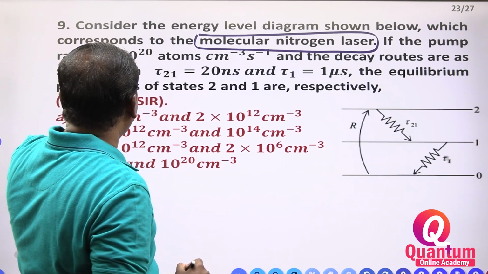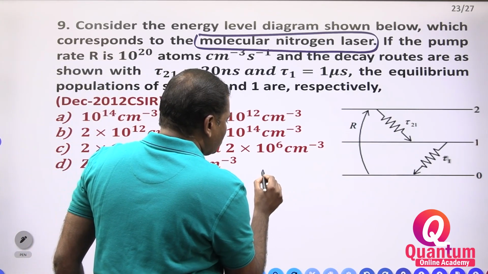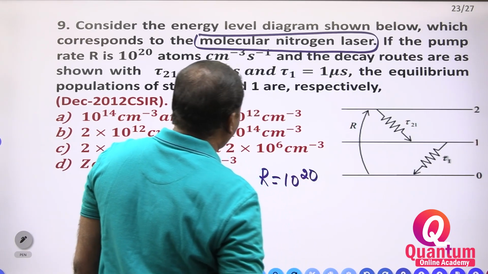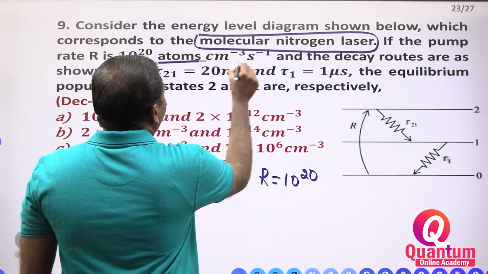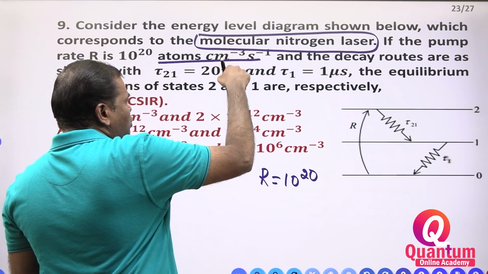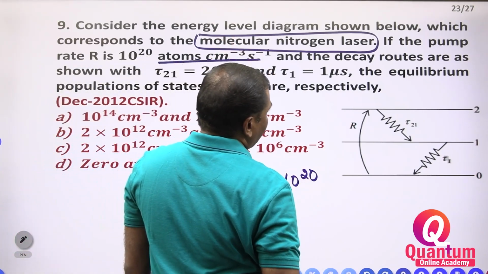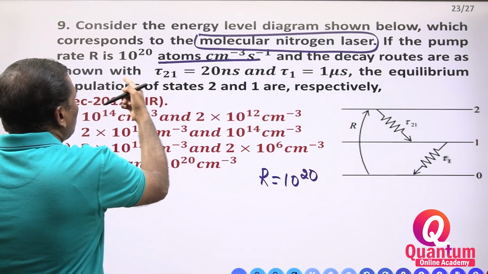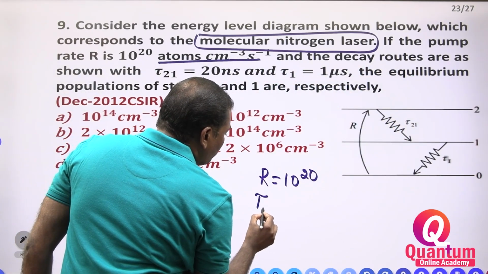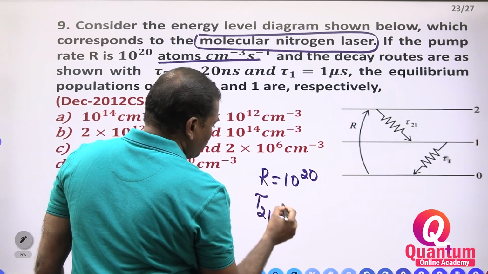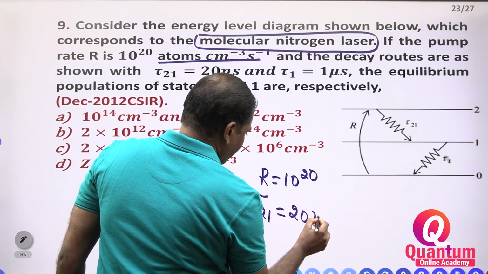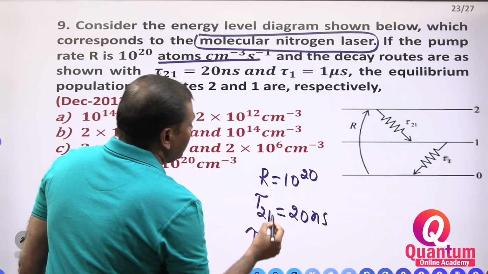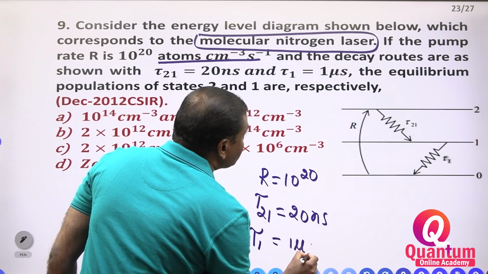If the pump rate is R is equal to 10 to the power of 20 atoms centimeter to the power of minus 3 second inverse. The decay routes are as shown, with tau 21 equal to 20 nanoseconds and tau 1 equal to 1 microsecond.